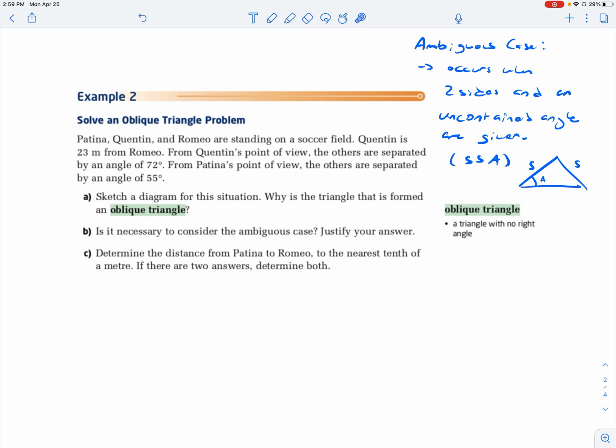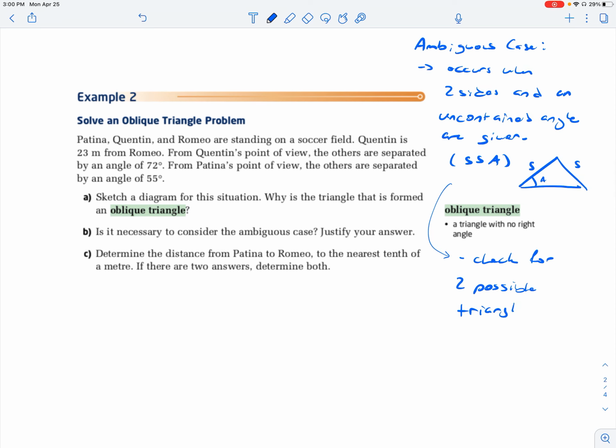What the ambiguous case just means is that two possible triangles will exist. So I'm just going to add that in here. We'll need to check for two possible triangles. The reason there are two possible triangles is that when you're given this information, you're never told how long this side is, and you're also never told the angle right here.